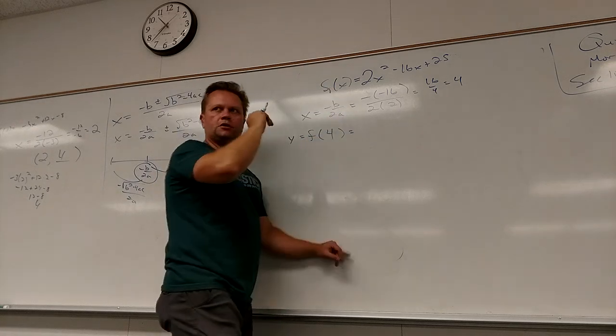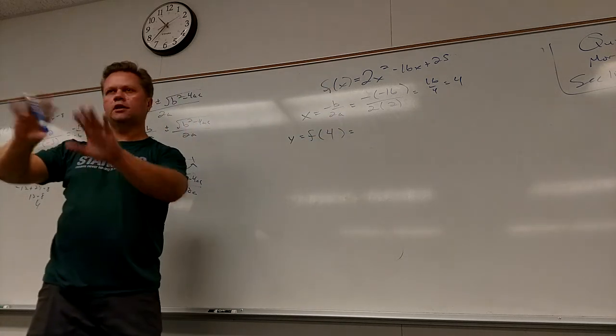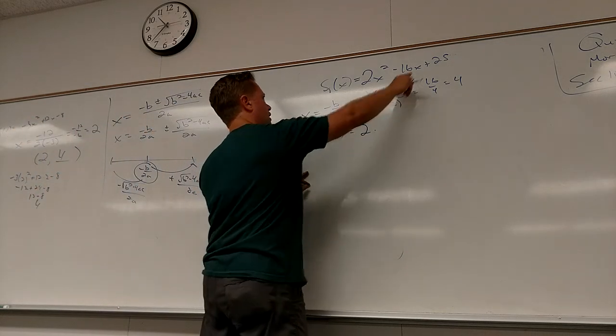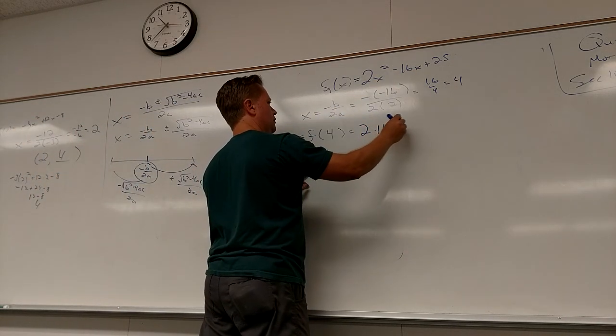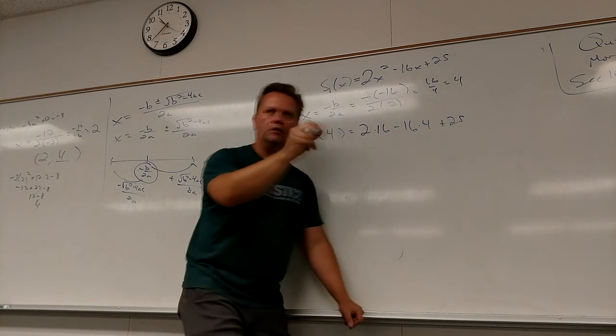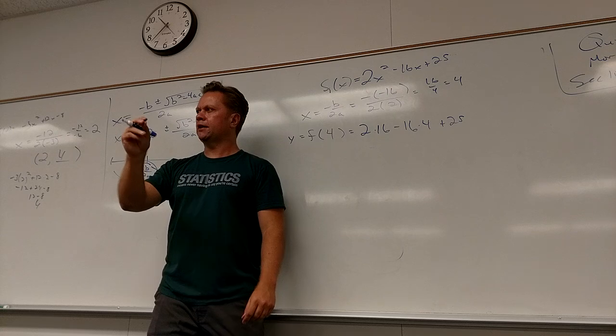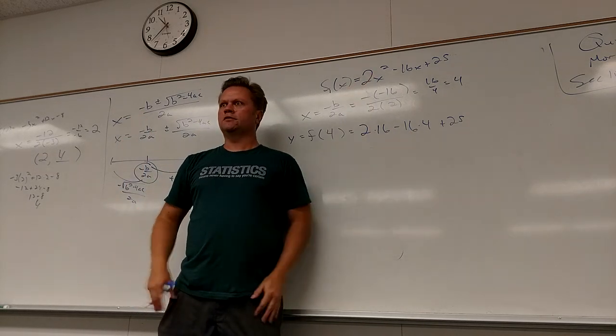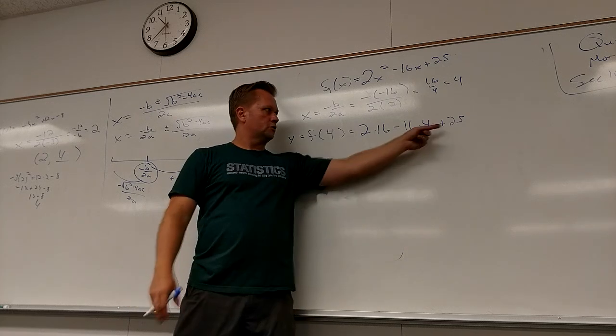I'm going to show you a little something. This is kind of silly, but just in case you pick up on this, I use this all the time. 2 times 4 squared is 2 times 16, minus 16 times 4. You do not have to look at it the way I'm about to say, but if you get what I say, it's really cool. 2 16s minus 4 16s is negative 2 16s, which is negative 32, plus 25 is negative 7.